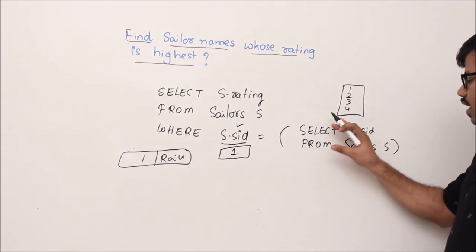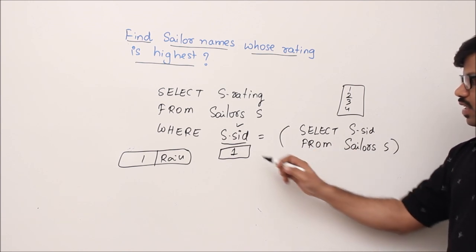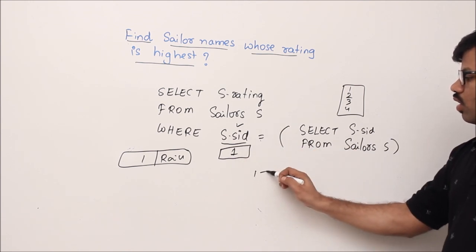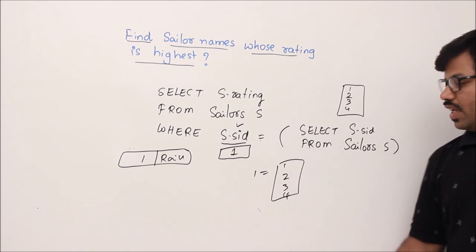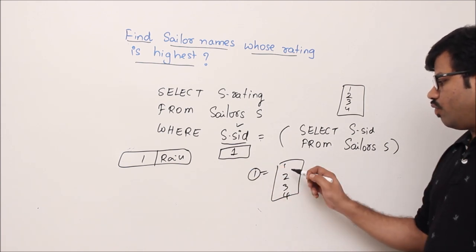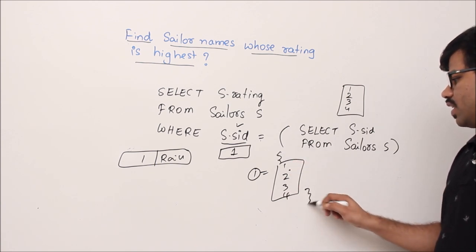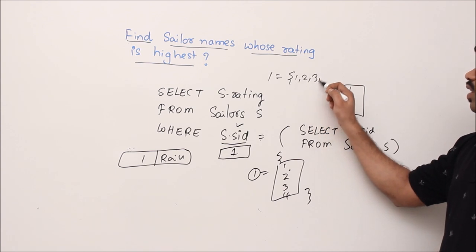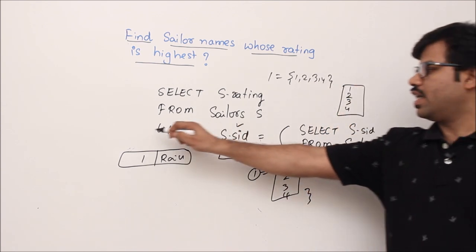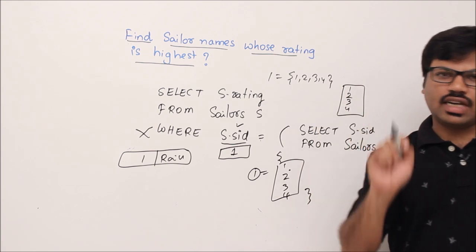So it is not guaranteed to be single valued. Then the question is like 1 equal to 1, 2, 3, 4. This is mathematically wrong, correct? We never compare a single value with a set. On the right side we have a set, so writing 1 equal to the set 1, 2, 3, 4 is false. That's why this kind of syntax is not allowed in the SQL standard.